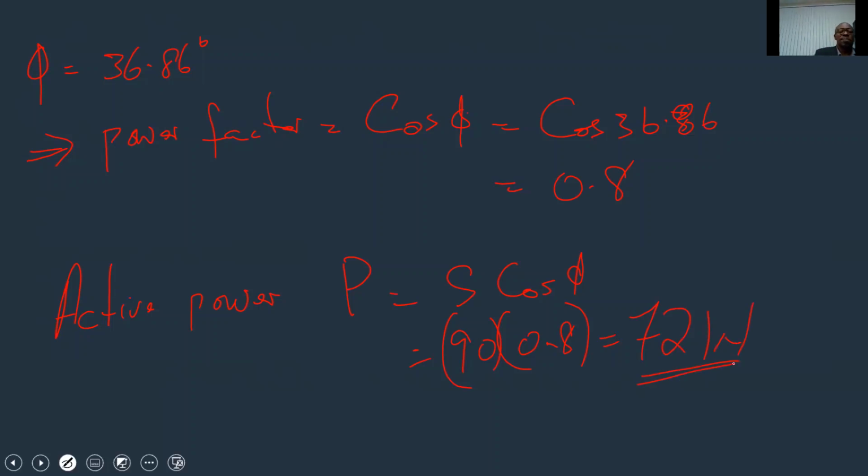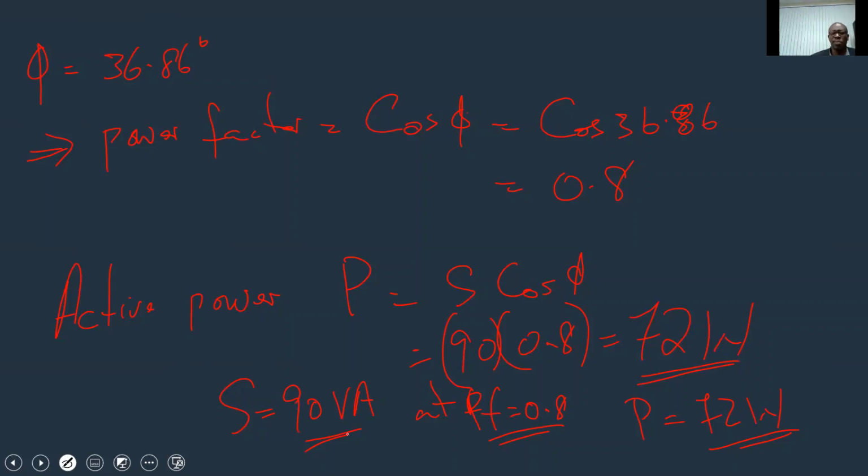So for our circuit, we supply it with 90 volt amperes at a power factor of 0.8. Therefore, the circuit consumes active power of 72 watts. But as we said before, the active power is consumed in the resistive part of our circuit and the reactive power in the reactive part of our circuit.